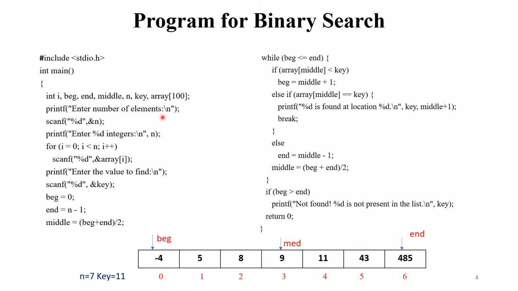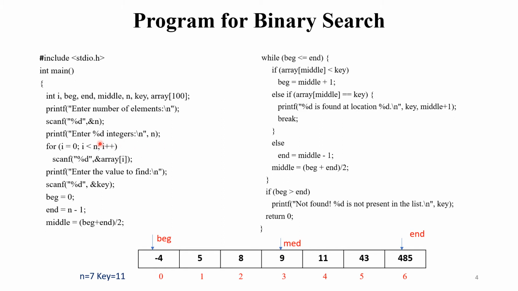Now we create an array. So here we use printf, enter number of elements, scanf %d, address of n. So here we enter the value of n as 7, which means the size of the array is 7. Now we insert elements in this array. We use printf, enter %d integers, comma n.